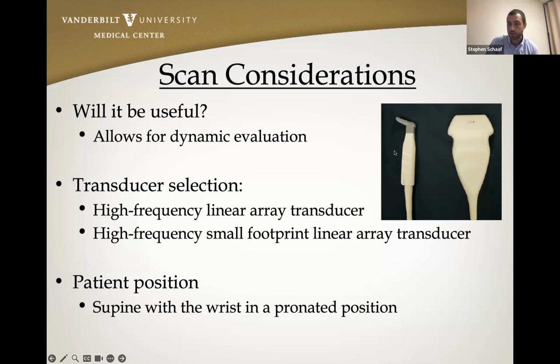In general, I'll start out with just the linear array transducer to get a lay of the land, since it has a broader footprint. Then if I'm going into any structures where I want a little more detail, or if I start to see pathology, that's when I'll switch over to the hockey stick transducer for a more detailed evaluation.